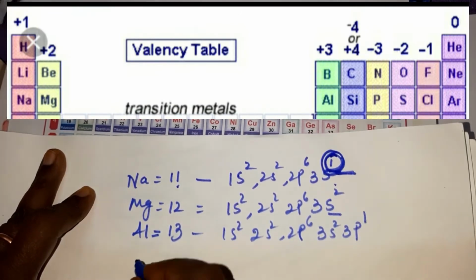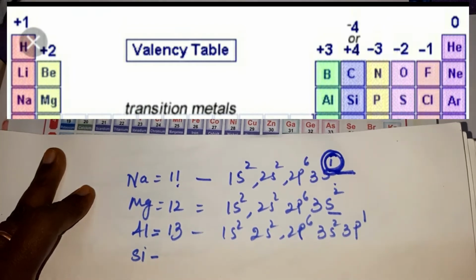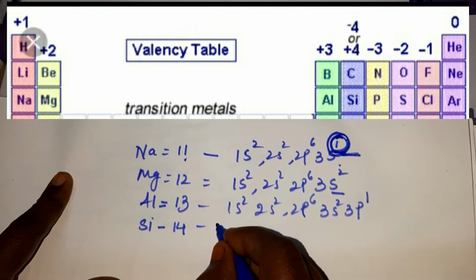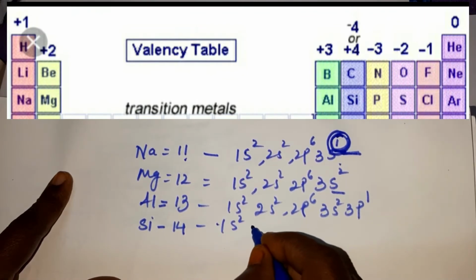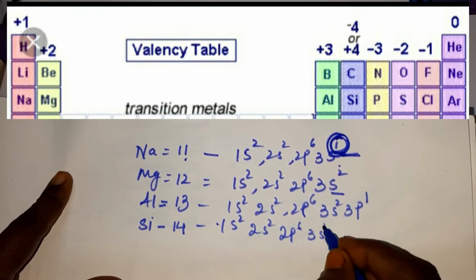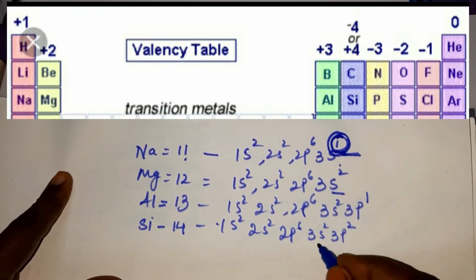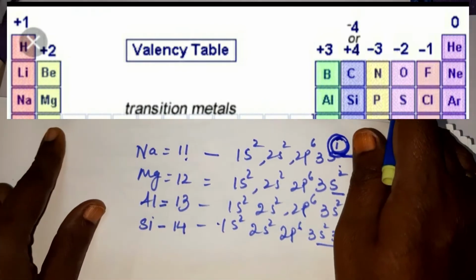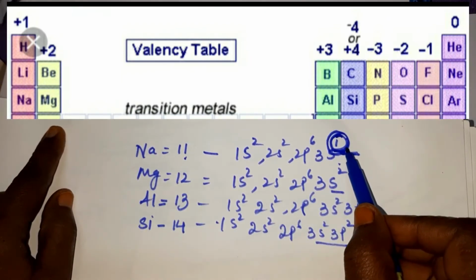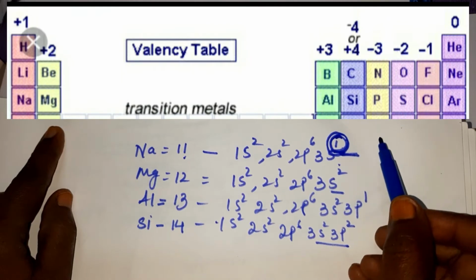And silicon, children, atomic number 14, 1s2, 2s2, 2p6, 3s2, 3p2, 4 electrons. Children, you have to see sodium has 1 electron and this 1 electron can be donated.